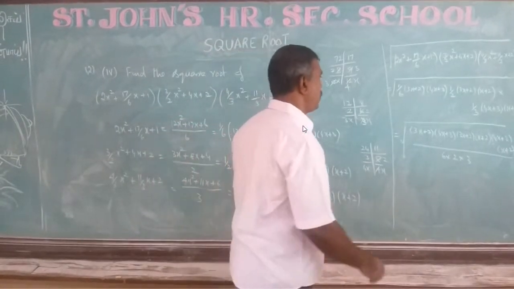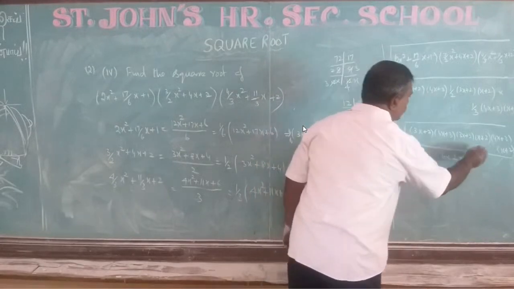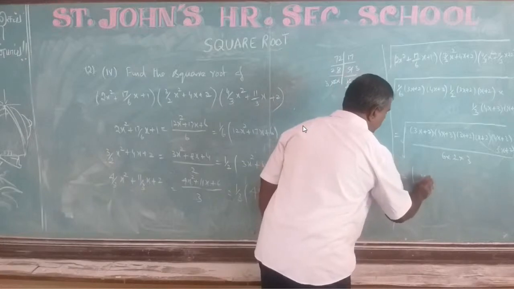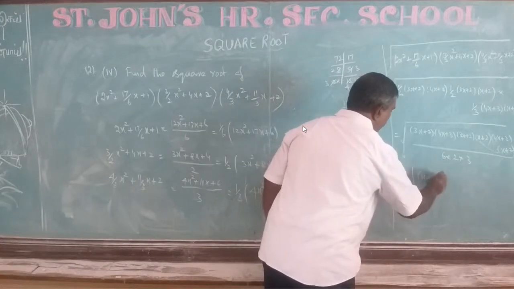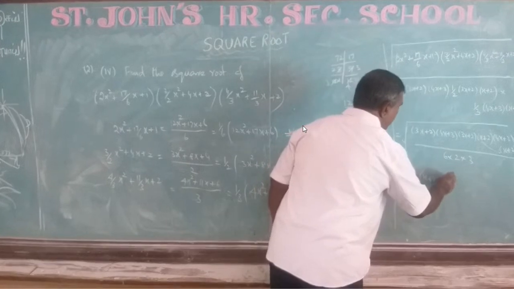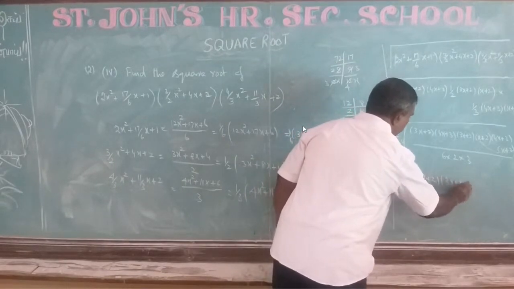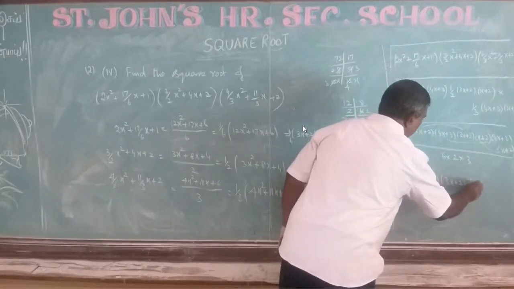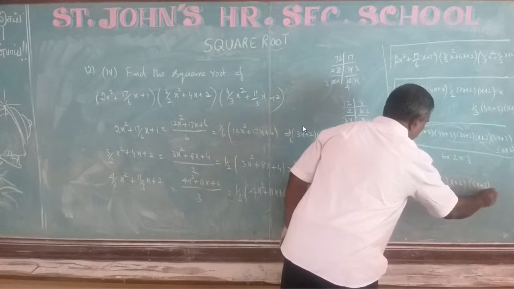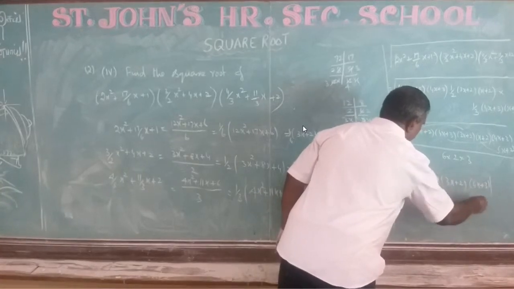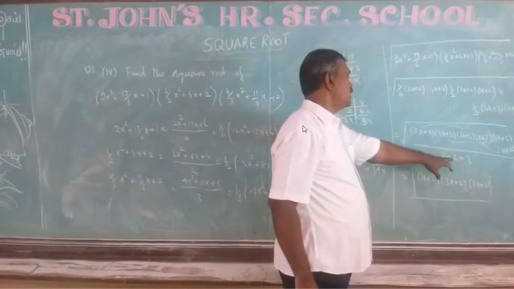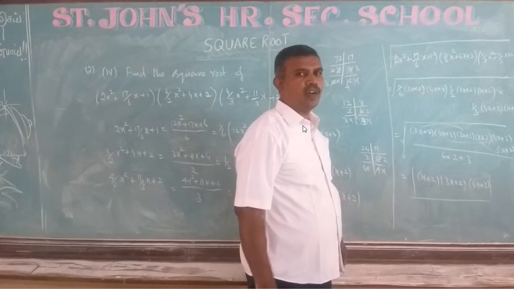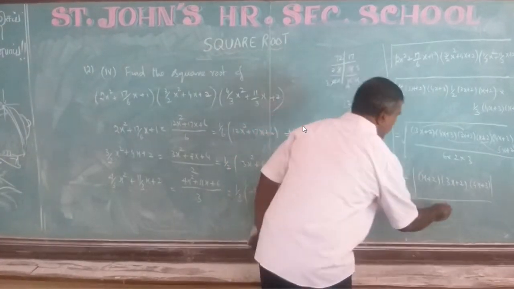That gives modulus of (x plus 2) into (3x plus 2) into (4x plus 3), over the square root of 36, that is 6.